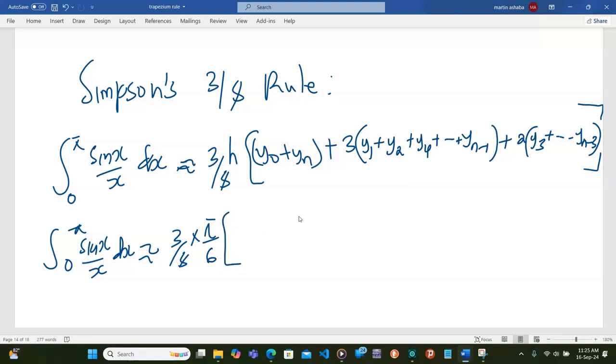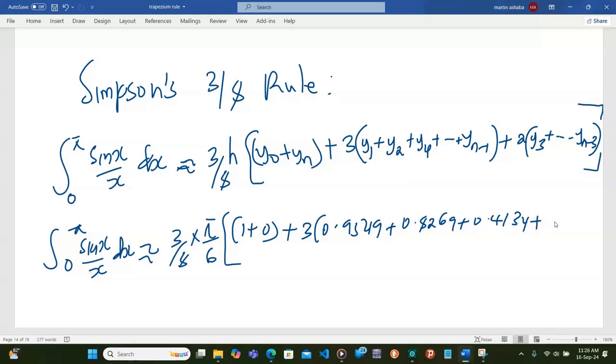When we evaluate that, y naught is known as 1 plus y6, which is 0, so plus 3 into y1 is 0.9549 plus y2, which is 0.8269 plus 0.4134, and what else apart from y3? We shall also have y5, which is 0.1909.